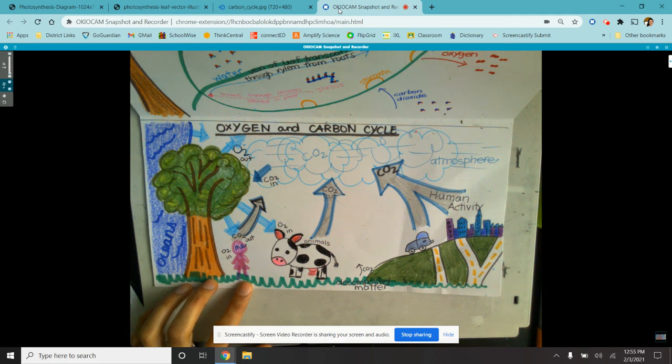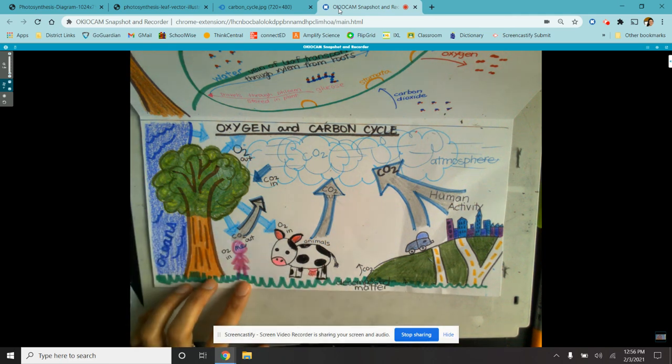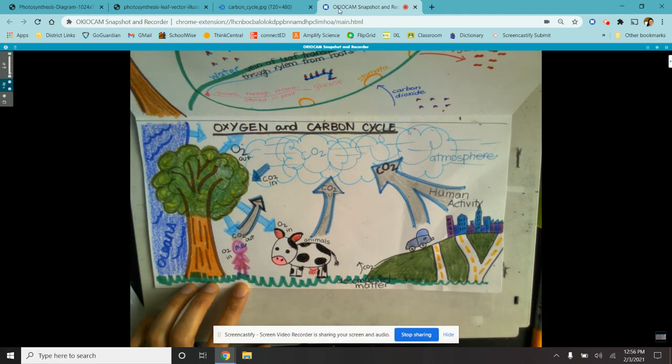And so it's important to keep in mind that when there's so much carbon being released and only so much oxygen is coming out, that's why we sometimes have higher amounts of carbon dioxide in our atmosphere, which leads to our current climate crisis of global warming. All right, so here's your picture. Kids, pause it, look at it, make sure we get all of our points in for the carbon cycle.